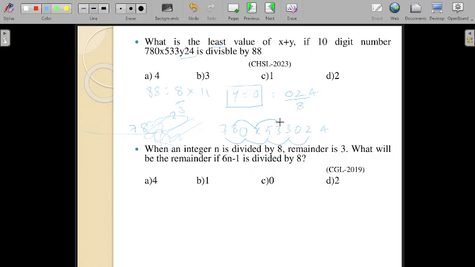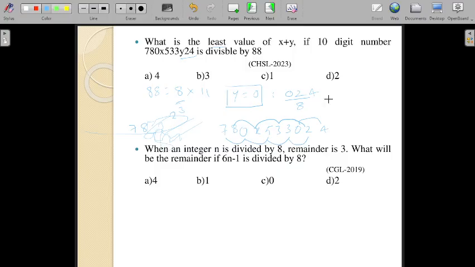Let's see what the sum of the other digits is: 2 plus 3 is 5, 5 plus 5 is 10, 10 plus 7 is 17.